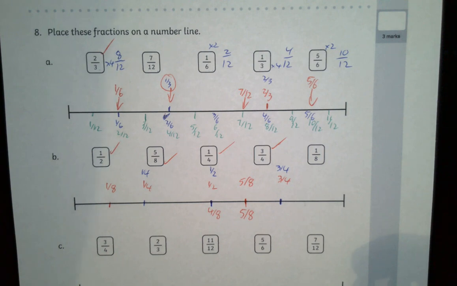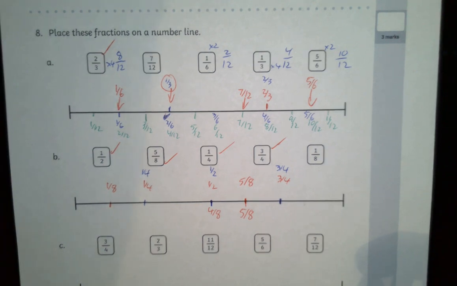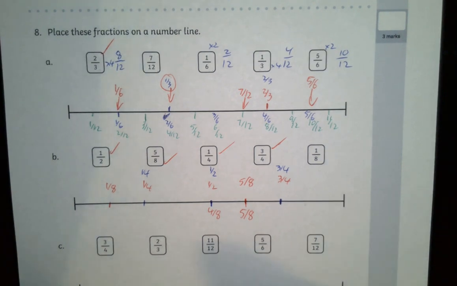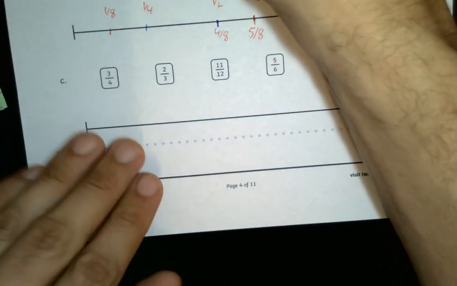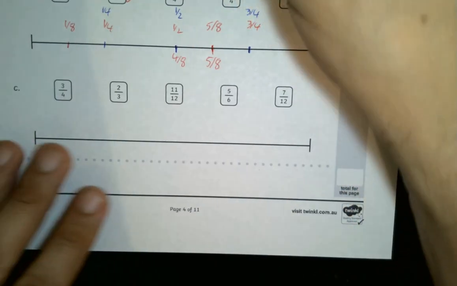Okay, for the next one, we'll do the same sort of thing that we did before. I'll leave the denominators as they are. We don't need to multiply them like I did for the top one. So I'm just making this nice and straight.